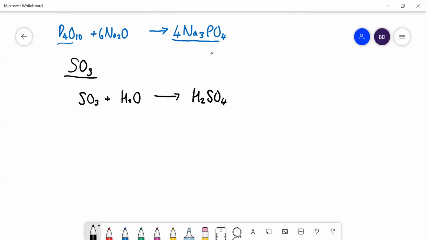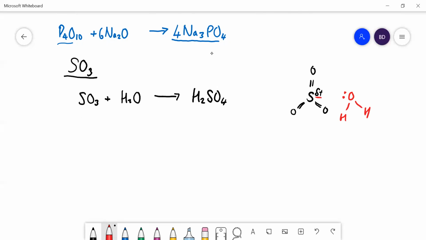What makes the water react with sulfur trioxide? Well, you've got lots of electronegative oxygens. That's going to make this sulfur quite delta positive. That means it's a Lewis acid. It can react with H2O molecules because you've got a lone pair on the water there. And this is pretty delta positive, so it can react with H2O.